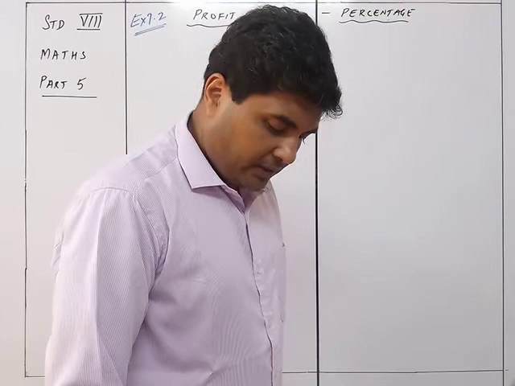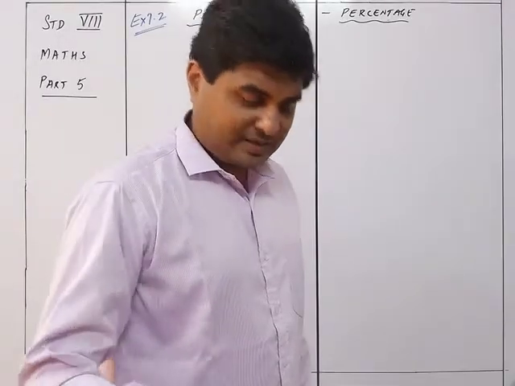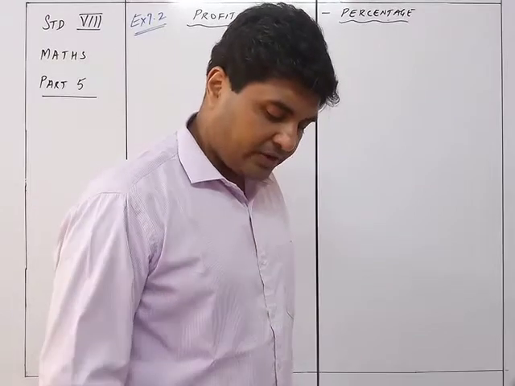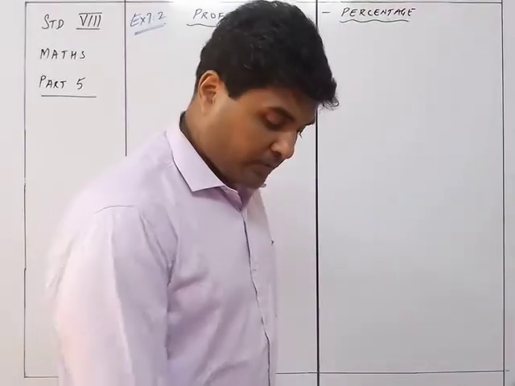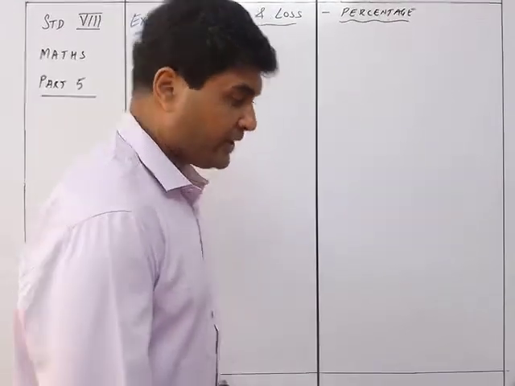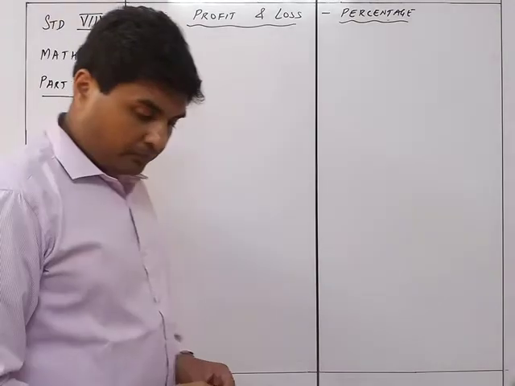I'll do the last three sums, that is 22, 23, 24, all three of them, because I see that they may be slightly different. I'm not sure about it, but I'll just do it so that it's convenient for you also. Sum number 22.